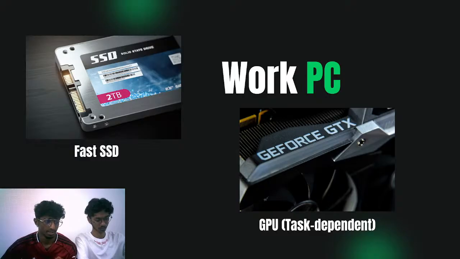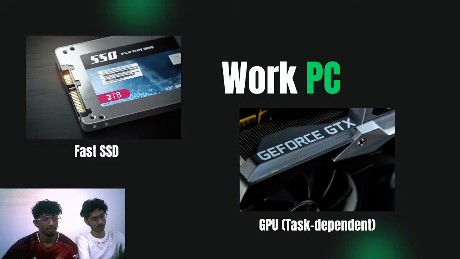However, certain fields like video editing, 3D designing, and motion graphics may still benefit from a dedicated GPU. So, the graphics card choice depends heavily on the type of work being done. It means it requires a dedicated graphics card whenever you are using much heavier software for your daily work.